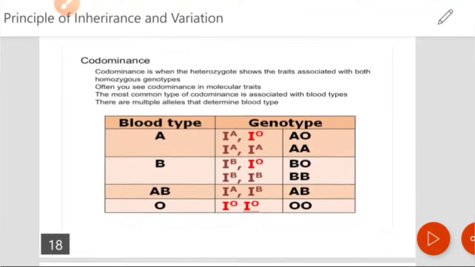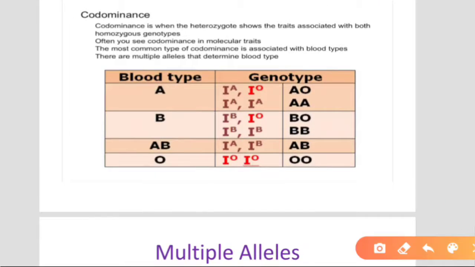Here you can see the types of blood group: A, B, AB, O. In the case of blood group A, the possible genes are capital IA and I0, either IA from one parent and I0 from the other, or capital IA from both parents.